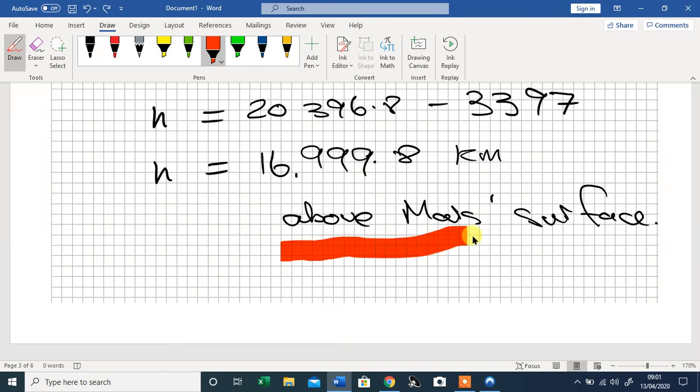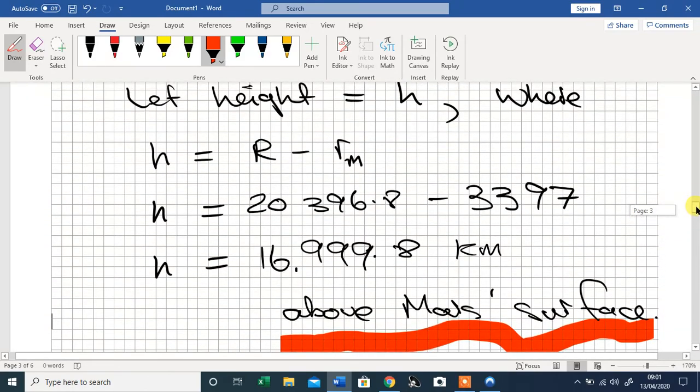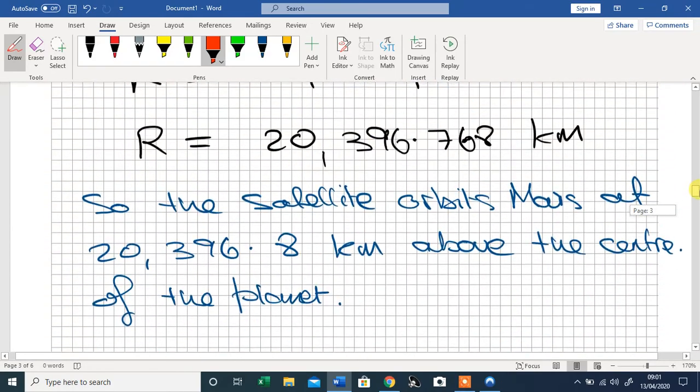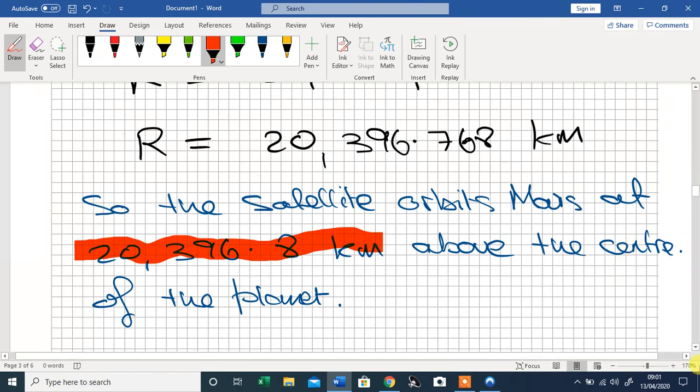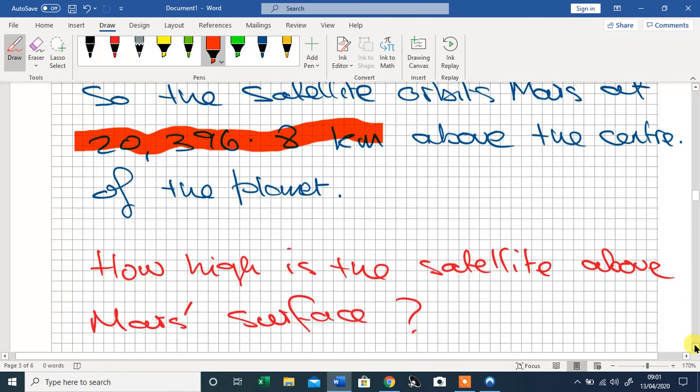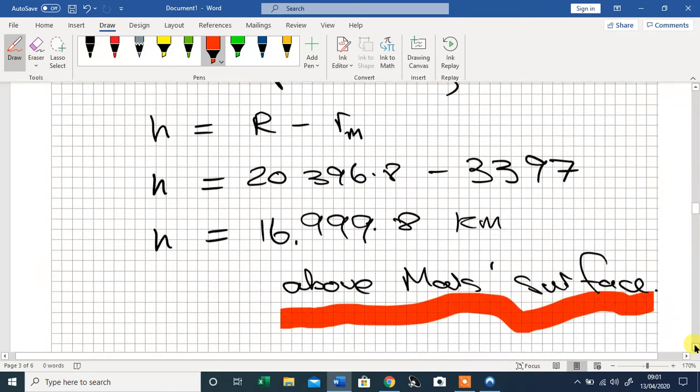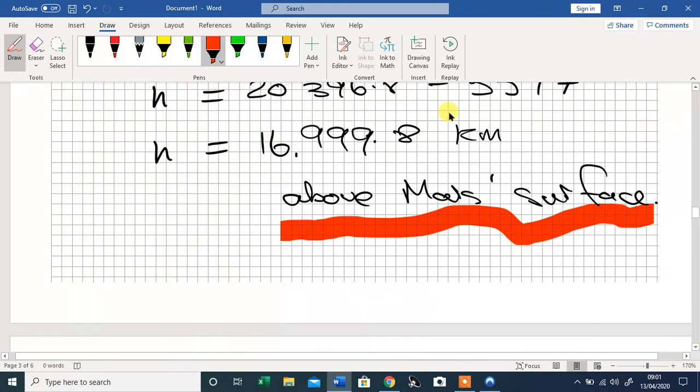It's terrible. There we are. So we've got a value of 20,396.8 kilometres above the centre of the planet for a geostationary orbit, and around 17,000 kilometres above Mars's surface for the geostationary satellite orbit. So basically there you have it.